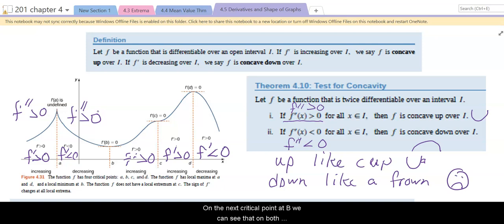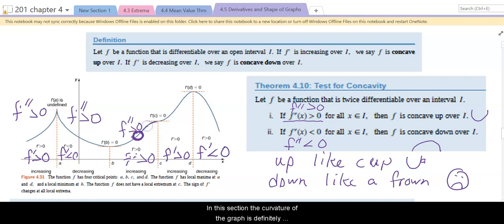On the next critical point at B, we can see that on both sides of that, it is curved also up like a cup. In fact, we can see that the second derivative is not changing sign really until we get somewhere in this region right here. Somewhere around here, it changes from up like a cup to down like a frown.